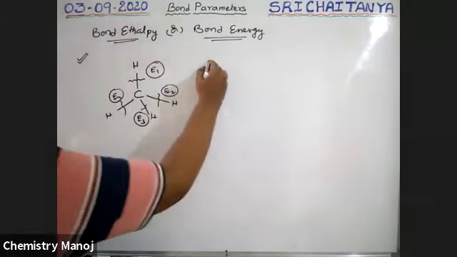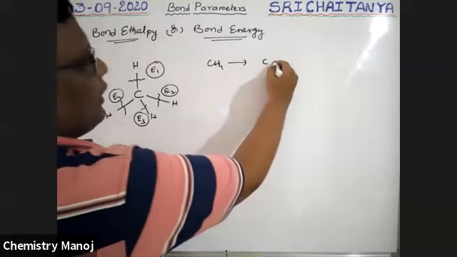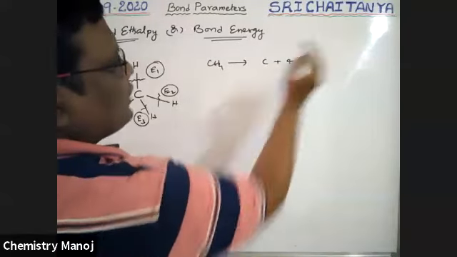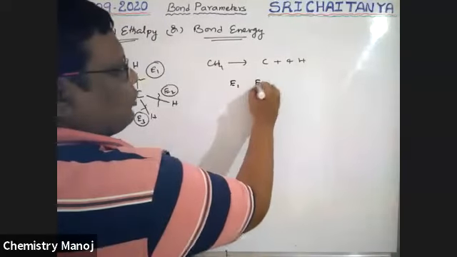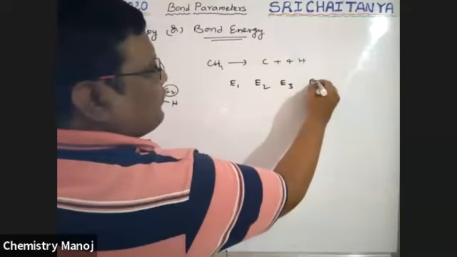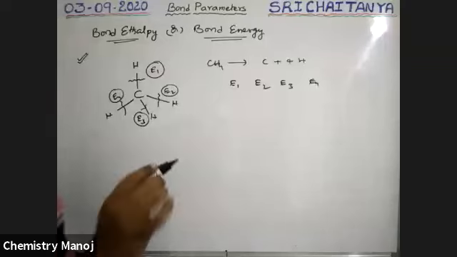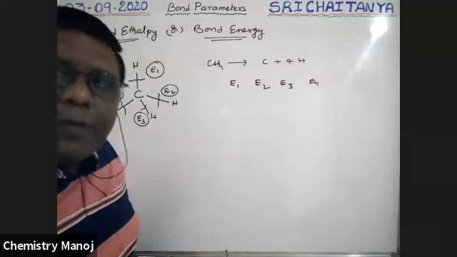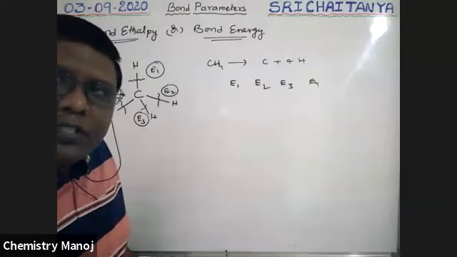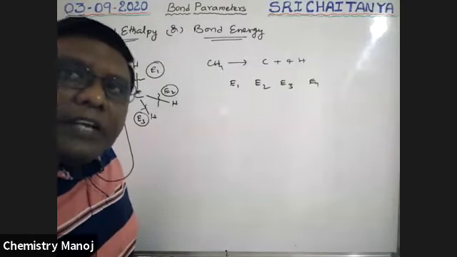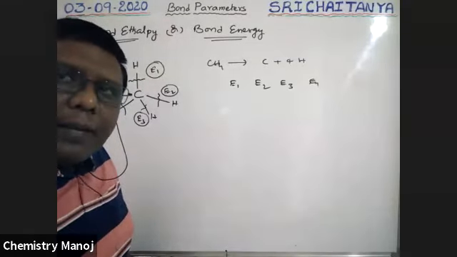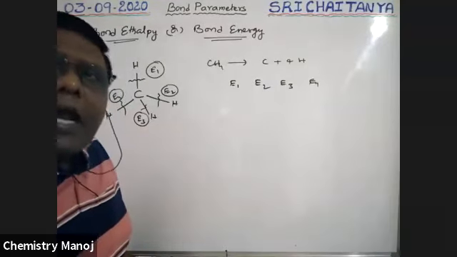That means CH4 breaks into a carbon atom and 4 hydrogen atoms. E1, E2, E3, E4 are the energies required to break the 4 C-H bonds. That means the same type of bonds in different environments.